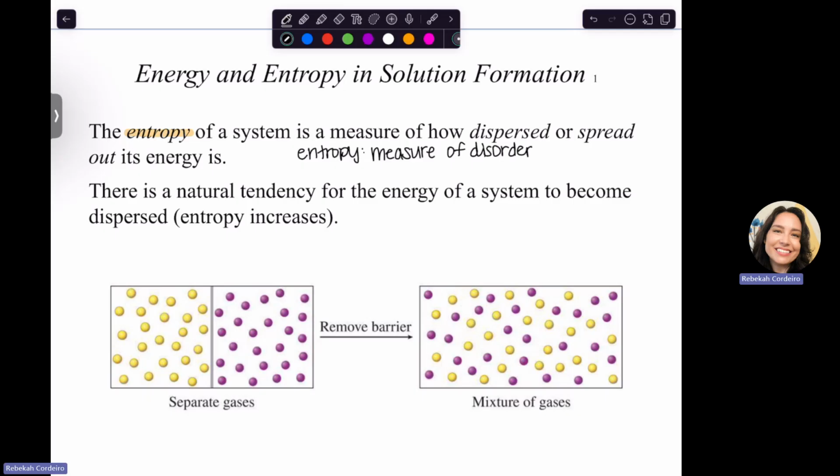It's actually the measure of all the different ways in which you can arrange the energy of a system. These different ways we can put things together are called microstates. Measure of how many different arrangements of energy. And we can think about it as energy, but maybe it's easier for you to see it as particles. That's okay.